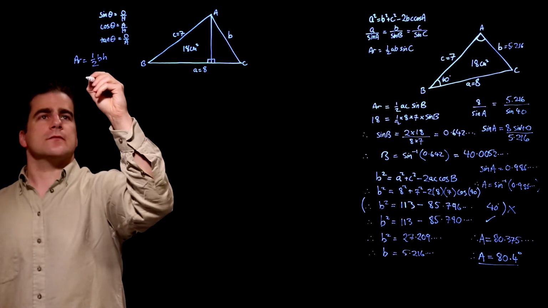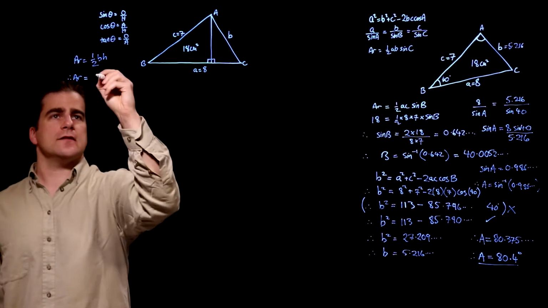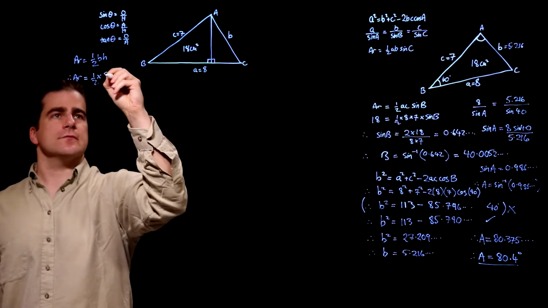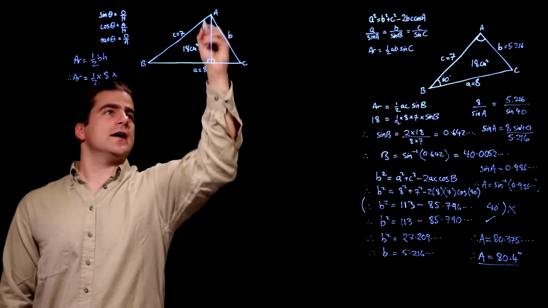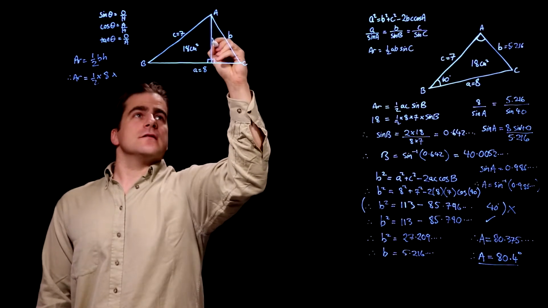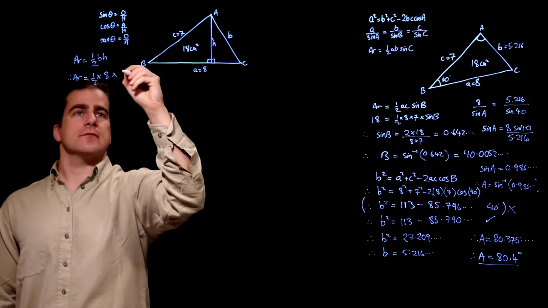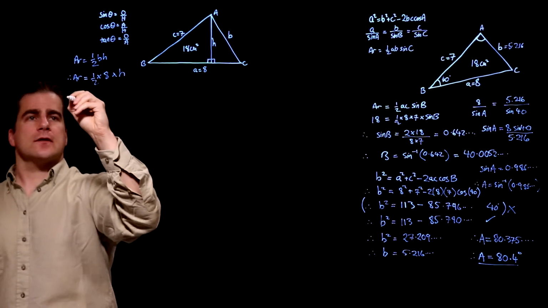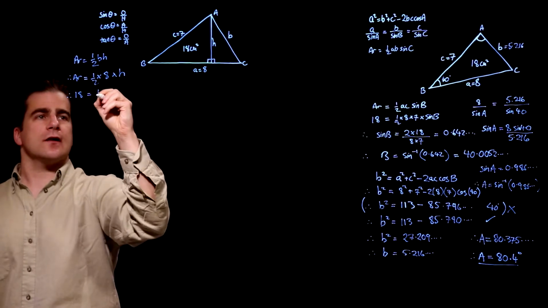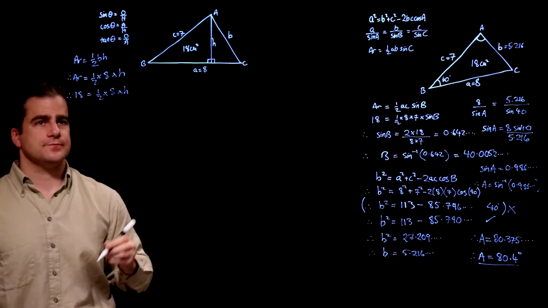So the area is half times the base, which is 8, times the height. We don't know the height, and that's what we're going to find out, so we'll call it h. But we do know the area. So the area is 18, is half times base times height.